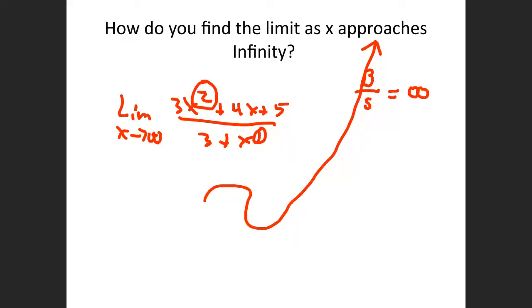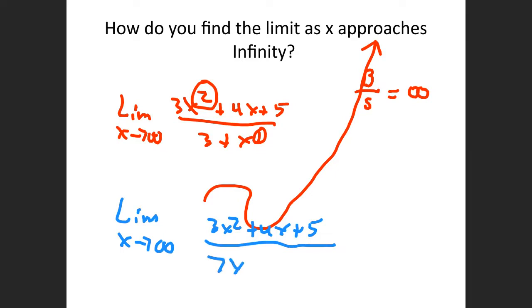If the highest power on top is bigger than the bottom one, if it's big over small, your limit is infinity. If I give you a problem like this, let's say the limit as x approaches infinity of 3x squared plus 4x plus 5 all over 7x to the third minus 2x plus 2.